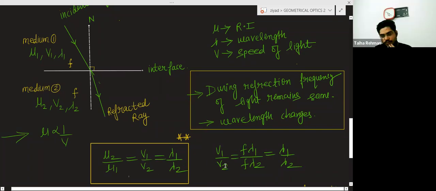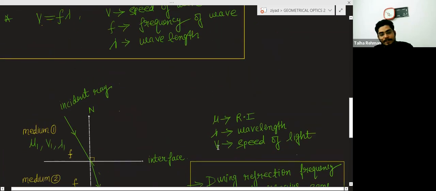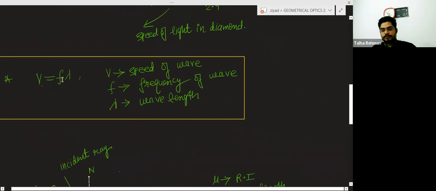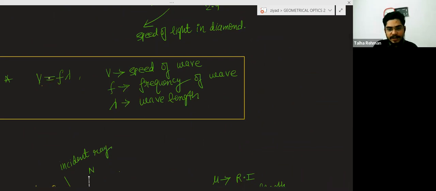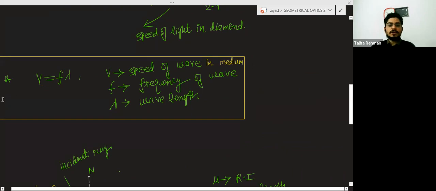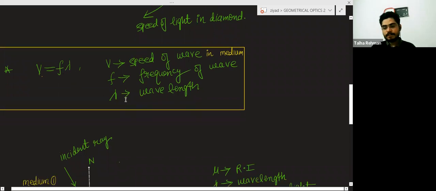v1 by v2 can be written as f into lambda 1 divided by f into lambda 2. Why f into lambda? Because v is equal to frequency into lambda. Speed of wave in medium is equal to frequency in that medium multiplied by wavelength in that medium.